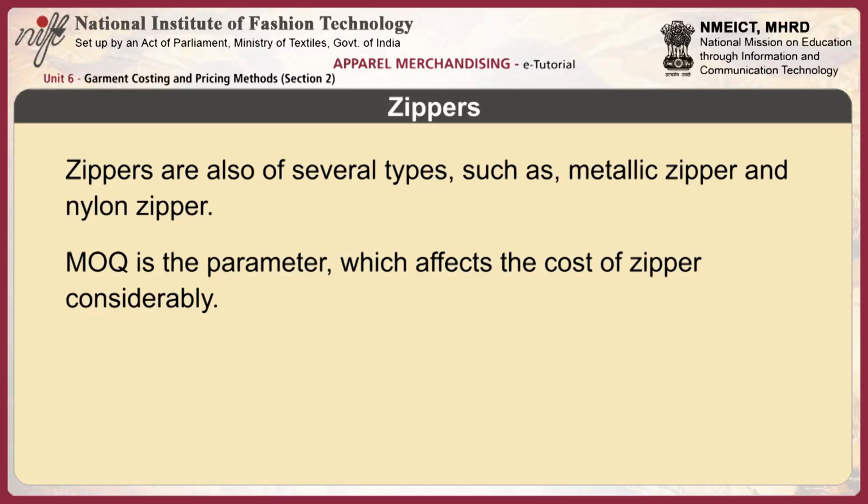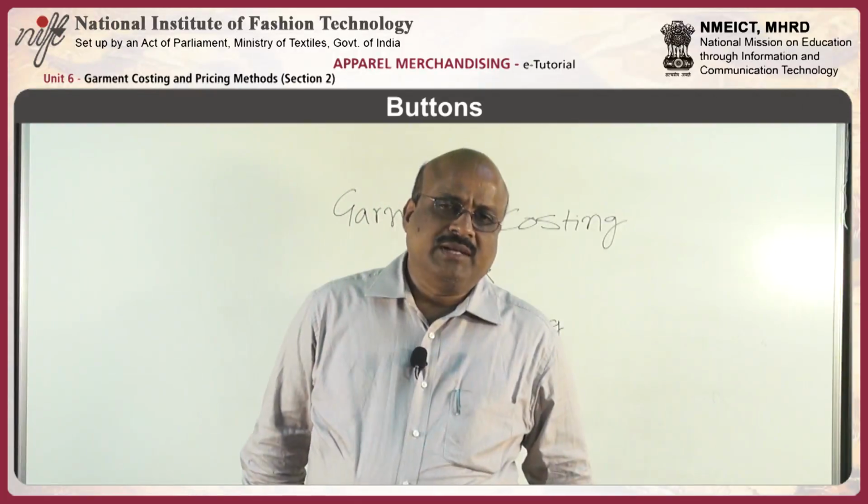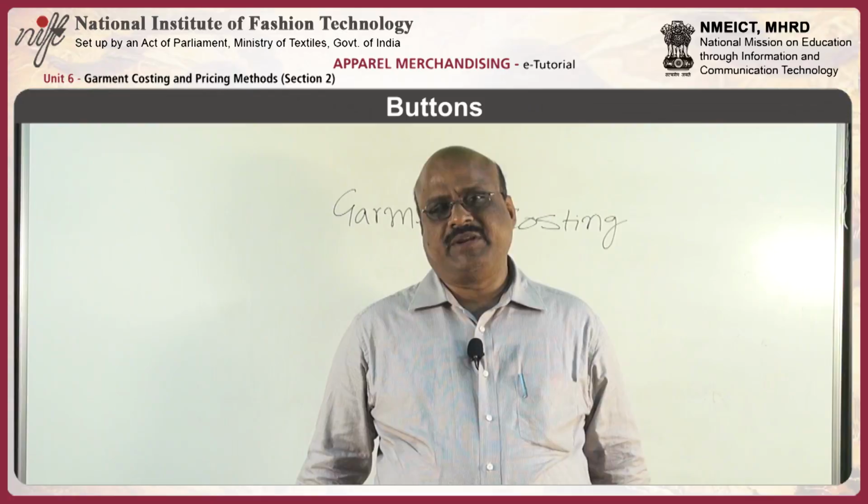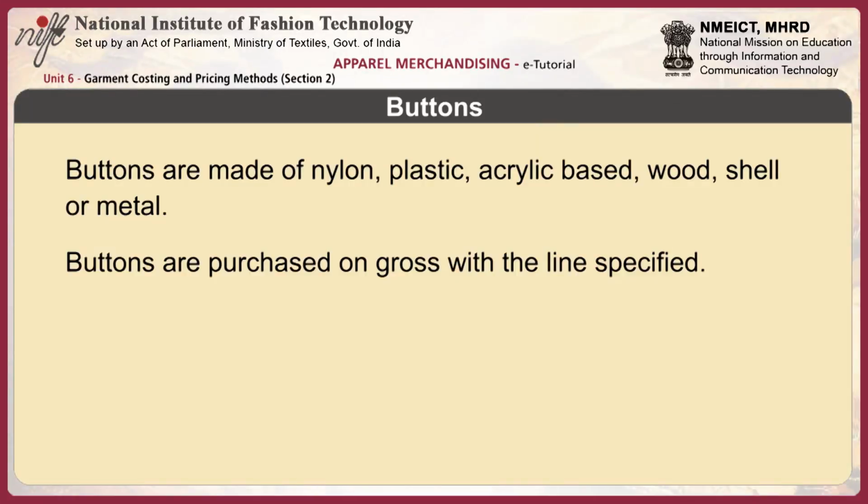Then the next important thing is buttons. Buttons are very common in a garment, and so they are a very important trim component. There can be different types of buttons. Nylon buttons can be there.